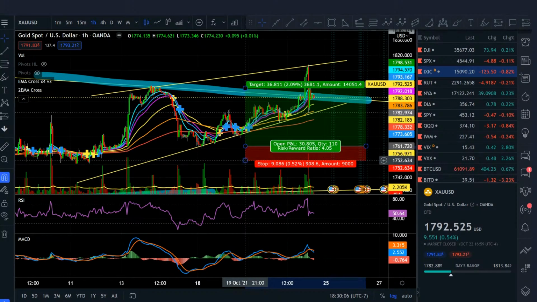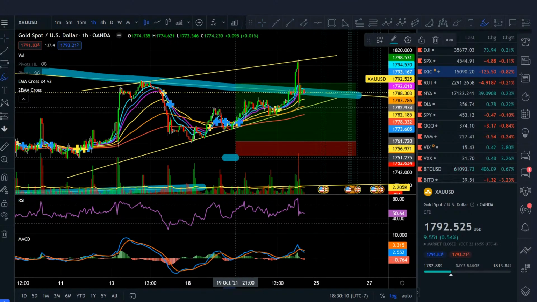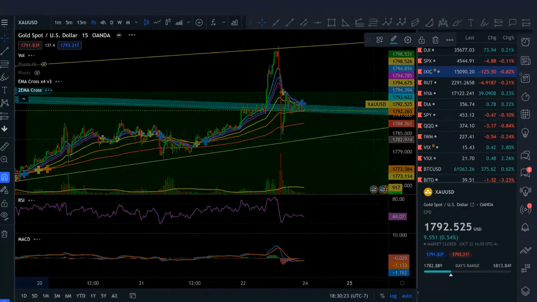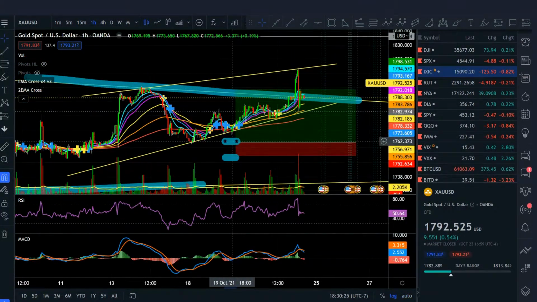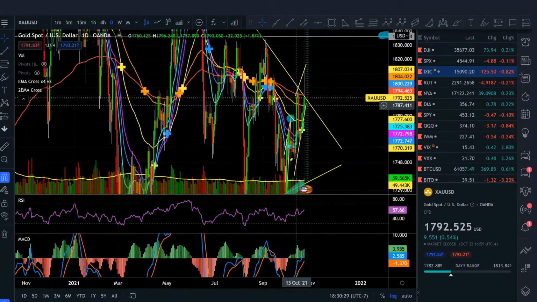If you're able to put OCO orders, triple orders on your broker, meaning stop loss, entry, and take profit, once you enter those on a 24 hour forex market, you just walk away. You set your alerts and check it, but you don't need to look at a 1 minute chart. It's not going to help you. It'll just cause panic.